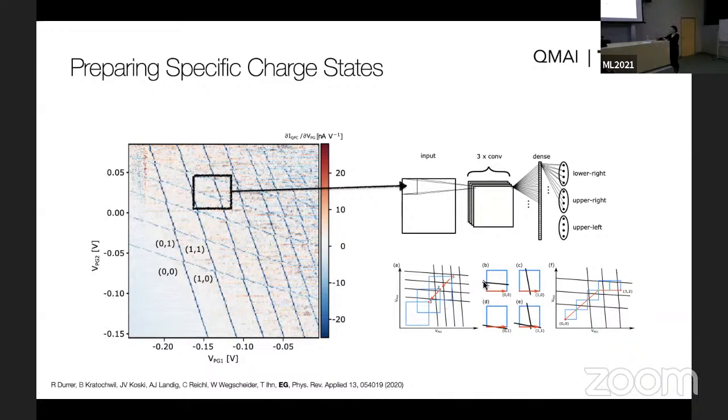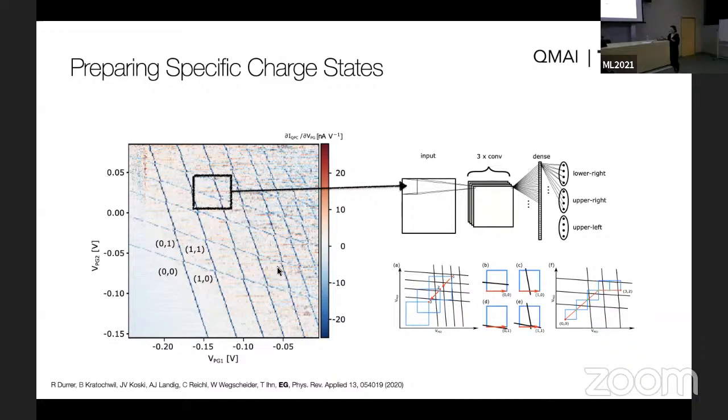Either you have a line going this way, so that means that you can shift the state in the left dot, or you have a line that is going this way, which means that you can shift the state in the right dot. And then you have a line that goes both ways, which means that there is a transition contained in the patch, like you see here, between two neighboring dots.